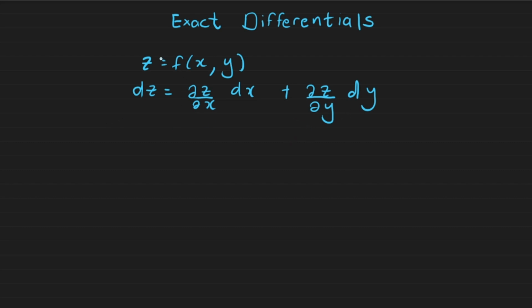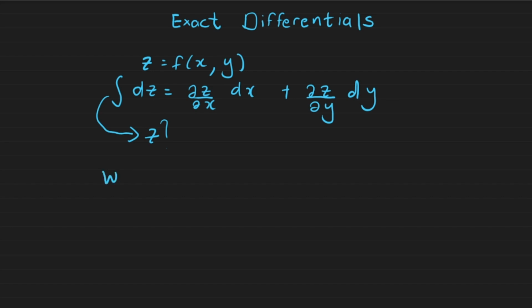So if we are just given dz, if we are told that there is some function dz and it's represented in this form, can we integrate dz and then obtain z? How do we do this? Well, we can't just do it. We have to establish if this function dz is an exact differential.